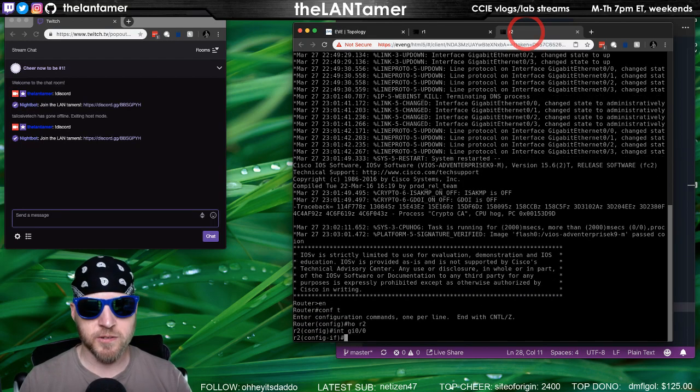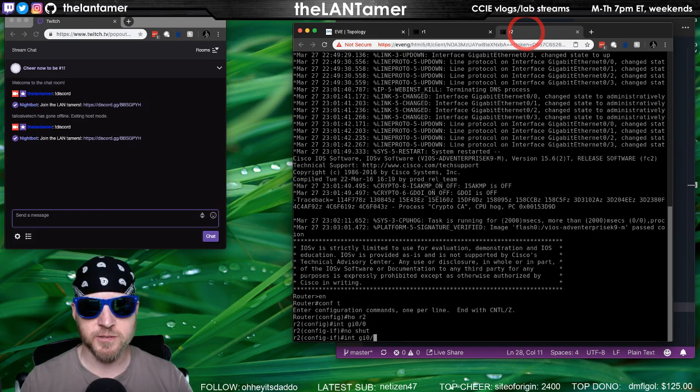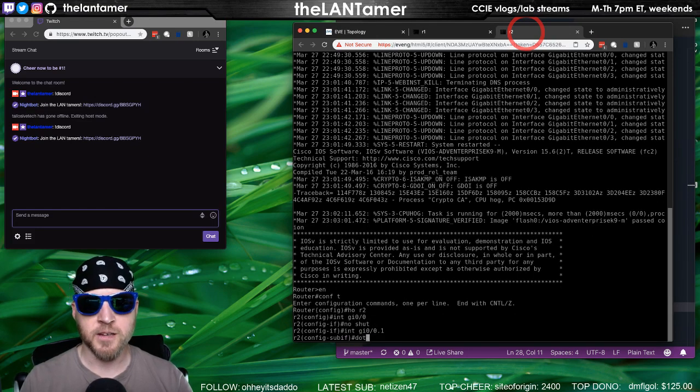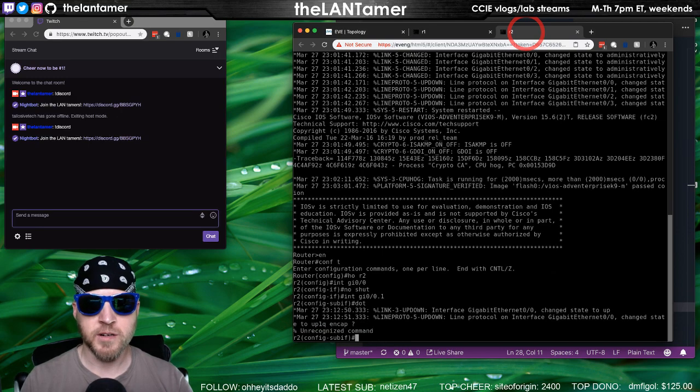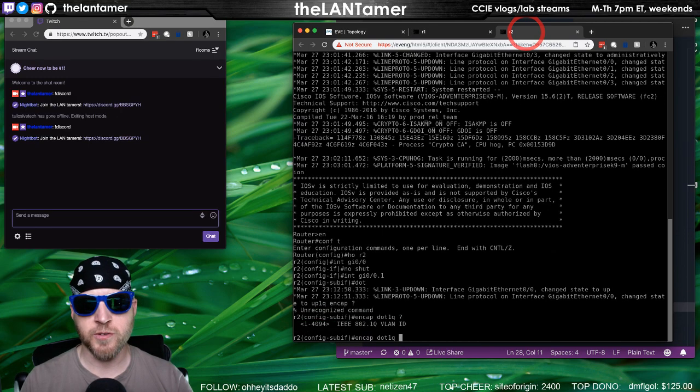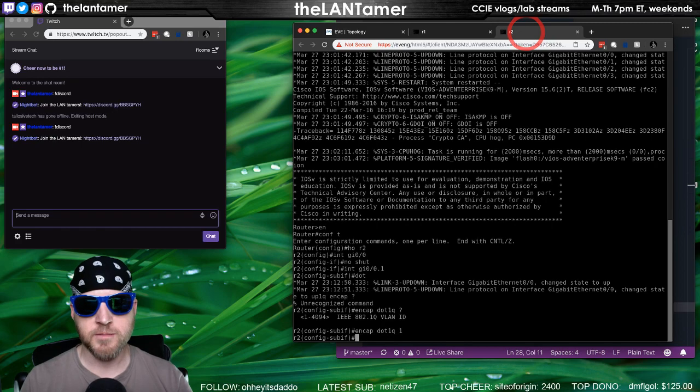Interface Gi 0/0, no shut. Interface Gi 0/0.1, encapsulation dot1q 1, IP address 10.1.1.2.